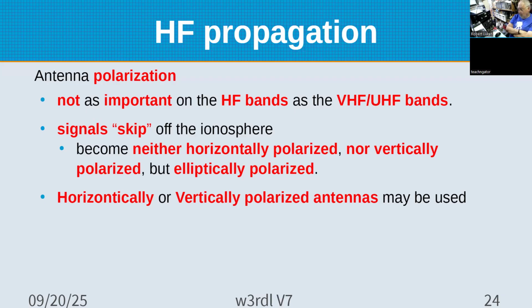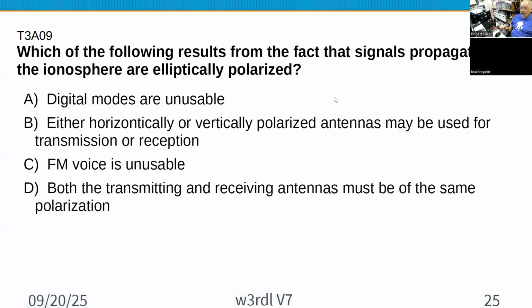Gotcha. Or even better yet, an antenna that's circularly polarized. So which of the following results from the fact that signals propagated by the ionosphere are elliptically polarized? Bravo.